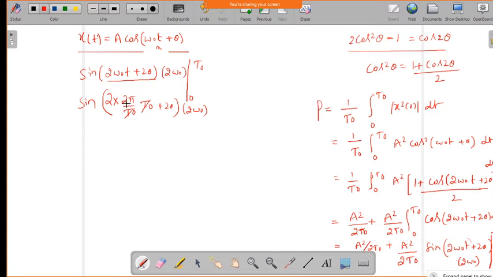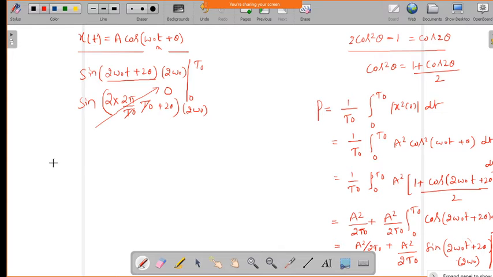The sine of 2 pi is 0, because sine 0 is 0, equivalent to sine 2 pi. So this value goes to 0, and this complete term goes to 0.